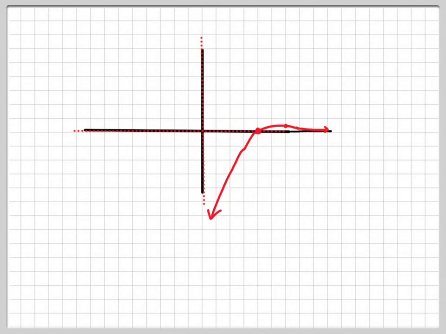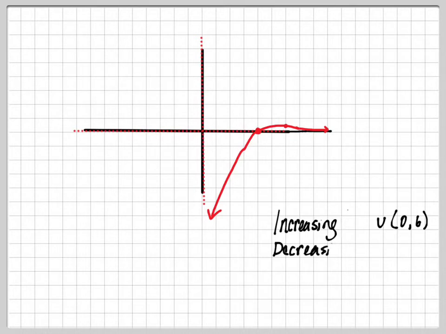So is it in fact increasing from 0 to 6 and decreasing after 6? Yeah, that's what we've drawn in. So I'm going to write it here because I've got space. So it's increasing. So far we've got the 0 to 6. I'll put the other piece in a minute. I'll leave a gap too. And then it's decreasing from 6 to infinity.